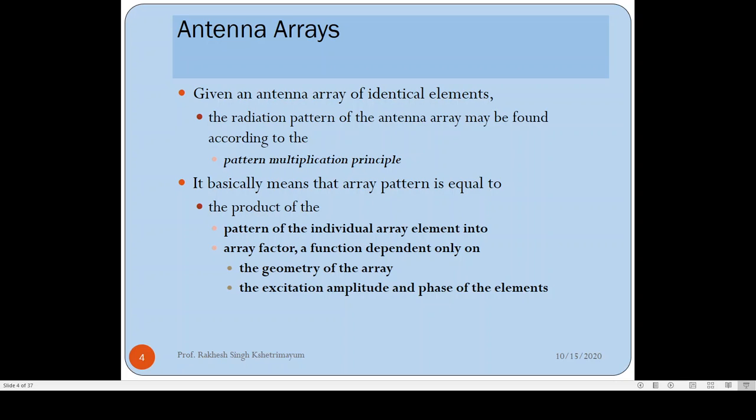You multiply the individual array element radiation pattern by the array factor, and you get the radiation pattern of the whole antenna array. This array factor depends on the geometrical arrangement of the elements in the array and on the excitation, current amplitude and phase, you are giving to every element.